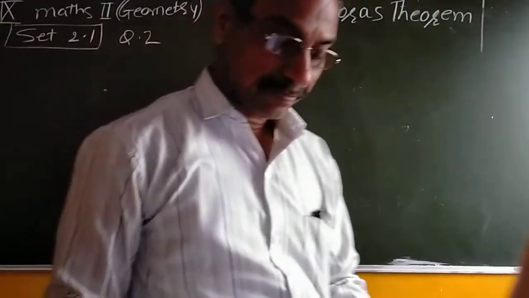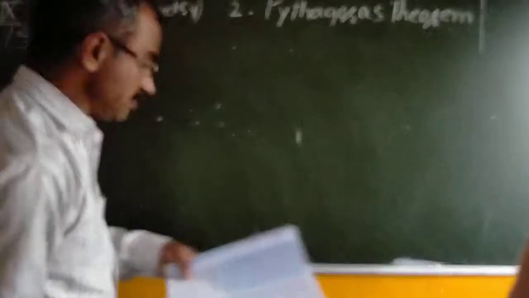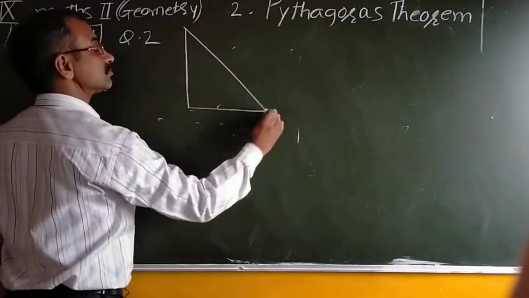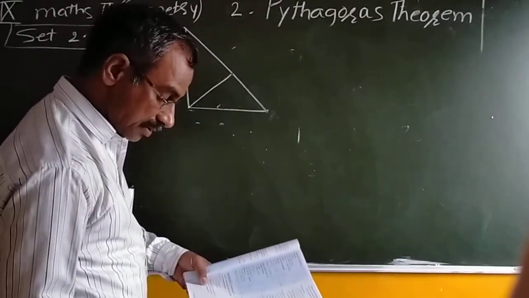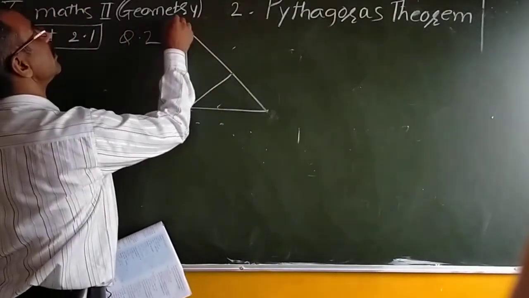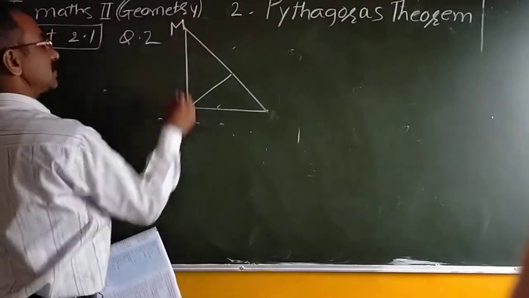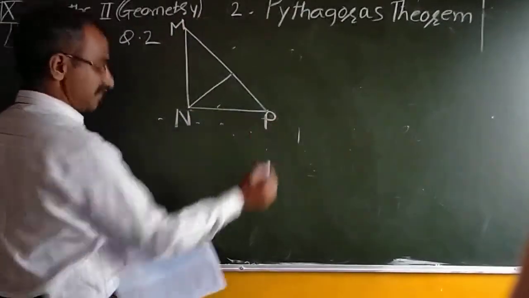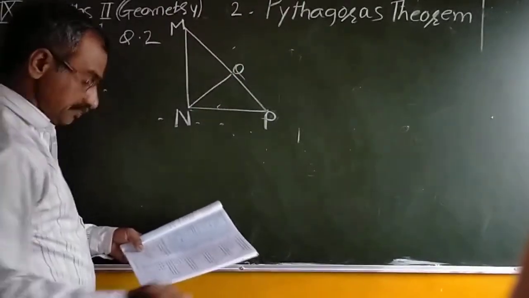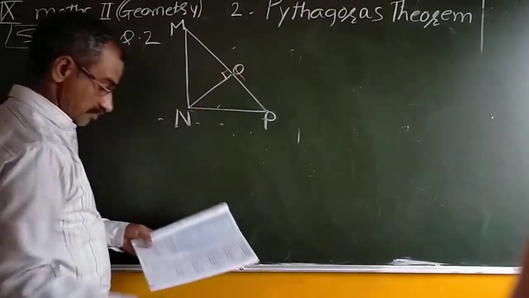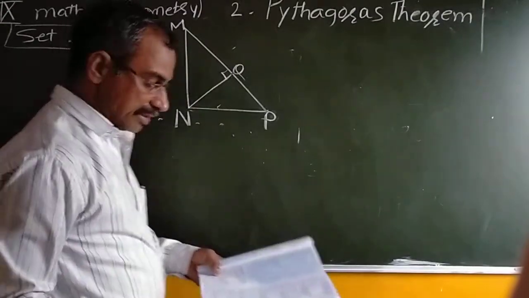It is a diagrammatic question. I will draw the diagram. M, N and P, and the perpendicular NQ. Have you read the question?